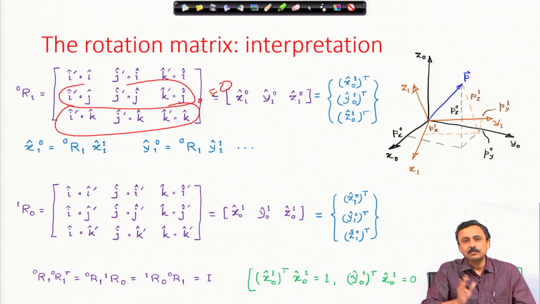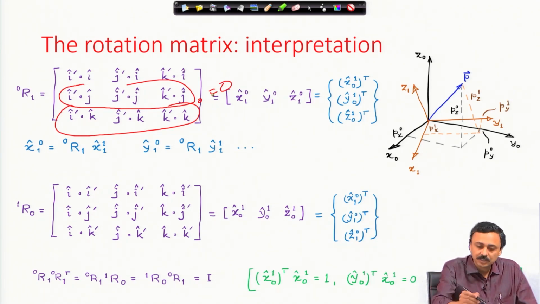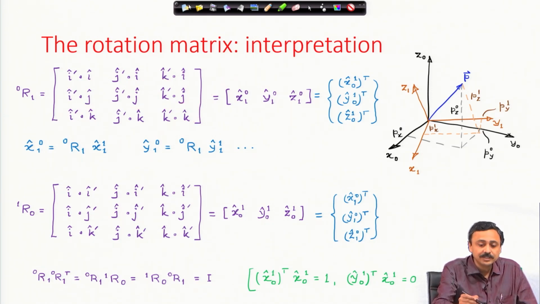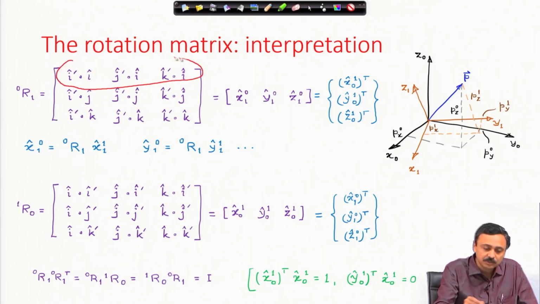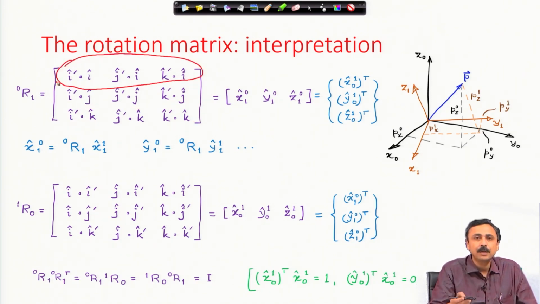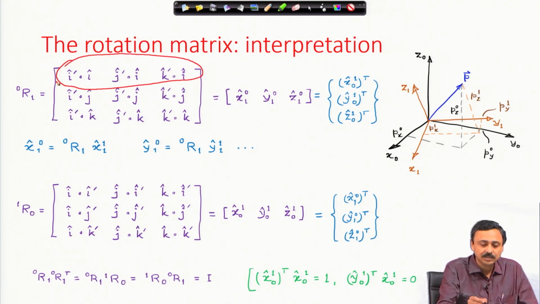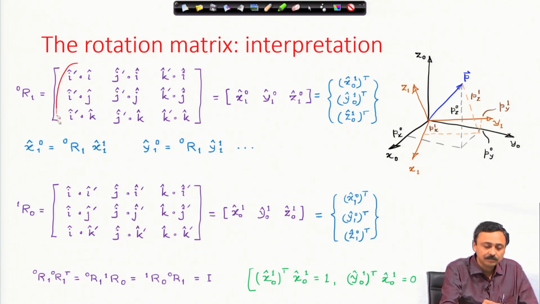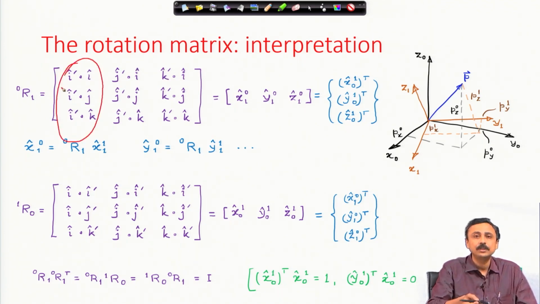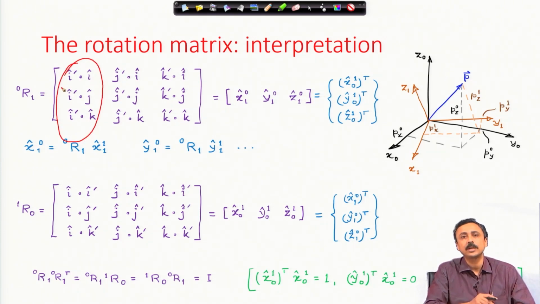So, any two columns if you take the dot product of, it is 0, any two rows you take the dot product of, it is 0, but what about the dot product with itself? If I take the dot product of this with itself, what will happen? These are direction cosines, the dot product of this column with itself, and you know that the sum of squares of direction cosines is 1, therefore, this is 1.